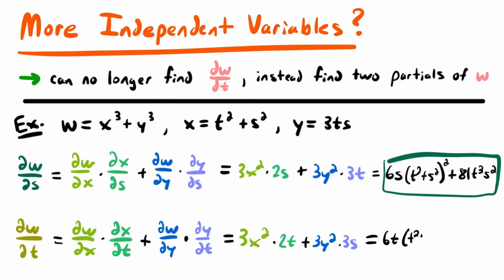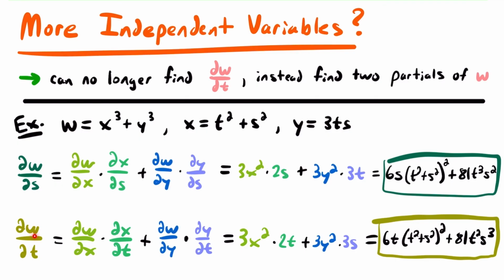So you'll have t squared plus s squared, squared, and then that will be added to 3 times 3, which is 9, times s, so you have 9s, but then once again you're multiplying that by y squared, which as I showed earlier is 9t squared s squared, so 9 times 9 is 81, t squared is just on its own, but then s squared times s is s cubed. So altogether, you get 81 times t squared times s cubed. And that right there is the partial derivative of w with respect to t.